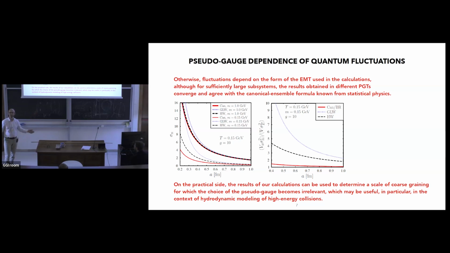But still, you don't get rid of the problem that you have these fluctuations completely different for different pseudogauges. I agree. But how do you decide which one to pick?